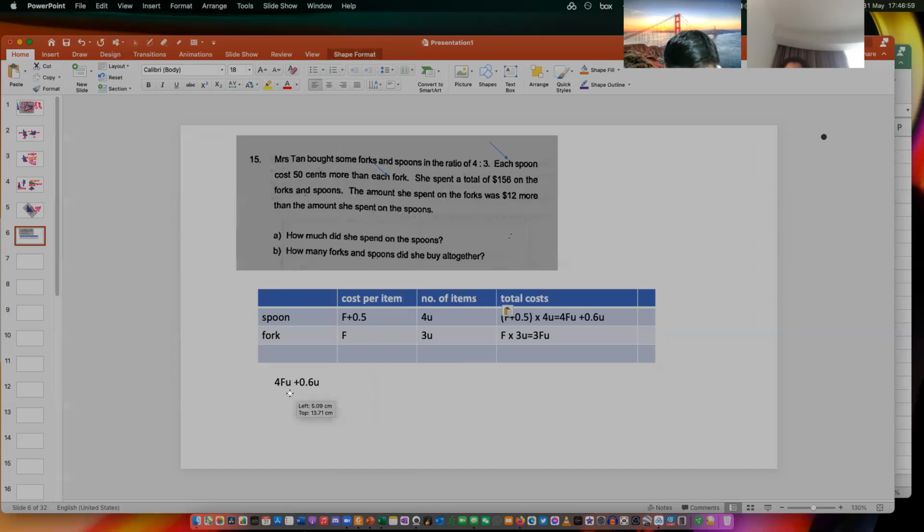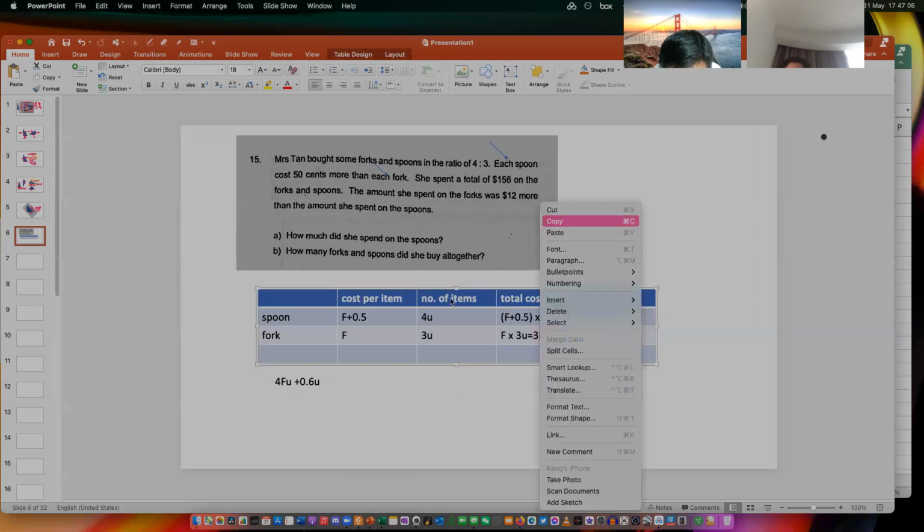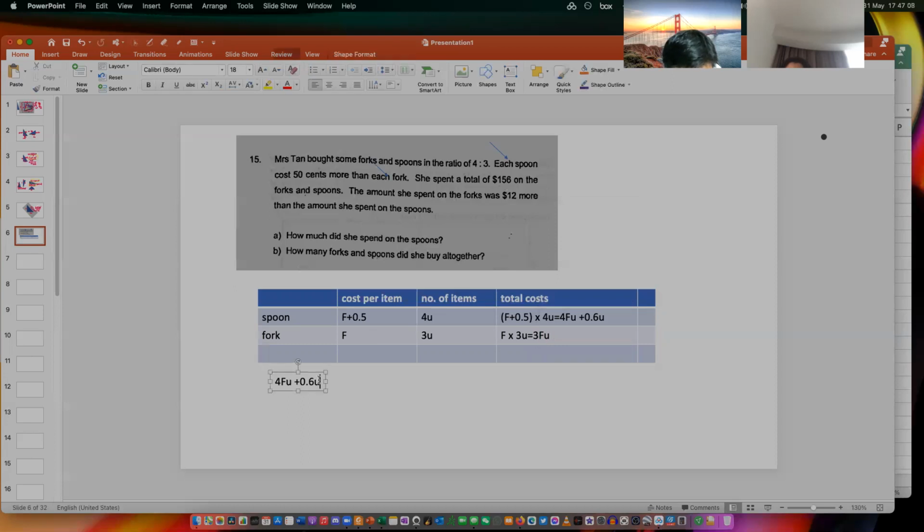Let me drag it. So this one is the total cost for spoon. I'm going to add with this the total cost for fork, and I'm supposed to get 156.